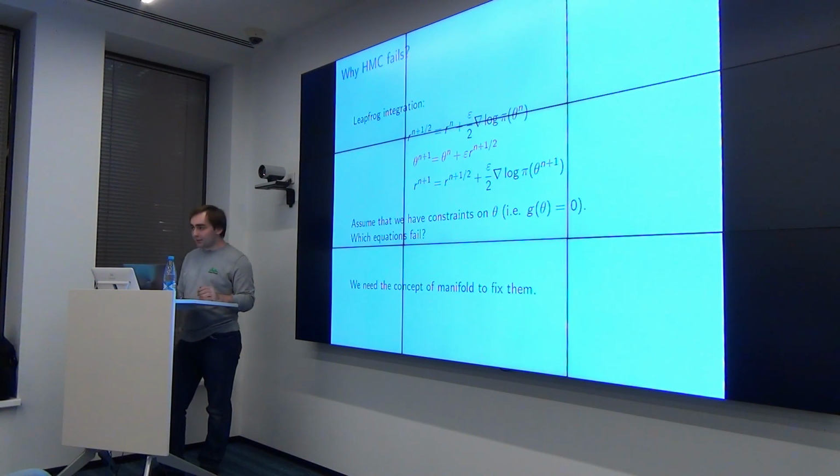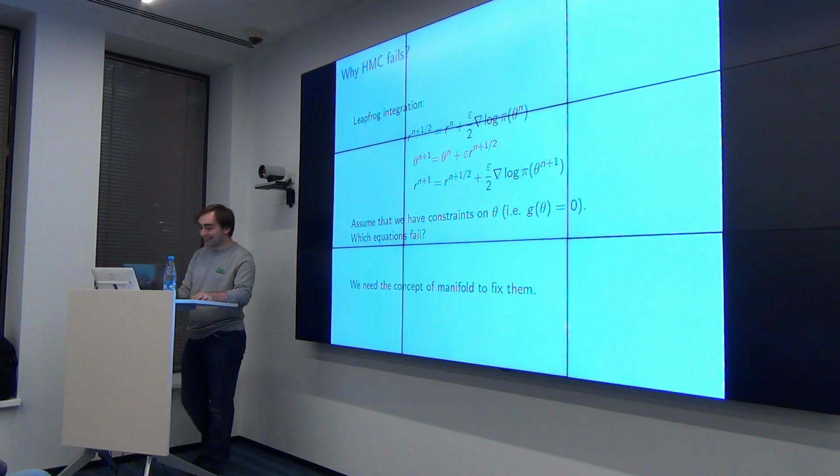Because HMC doesn't really know about any constraints, so it cannot handle them. Well, here gradient is the gradient in the space of all matrices, not a projection on the manifold. Or yeah, and even if you project, you won't get a correct scheme. Some orthogonal matrices is not orthogonal.